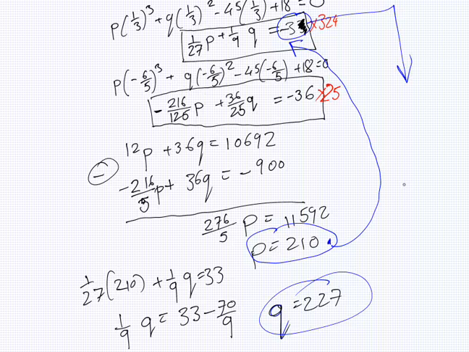Now what's nice is 324 multiplied by 1 over 27 is actually 12, and 324 multiplied by 1 over 9 is 36. Okay, here multiplying by 25.